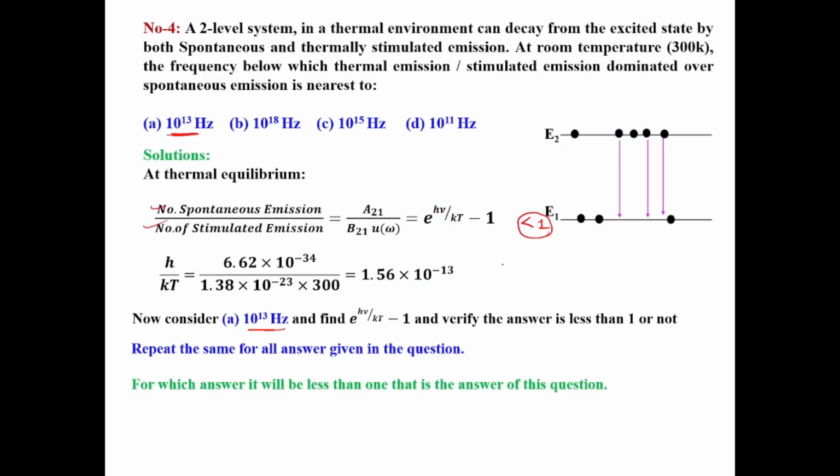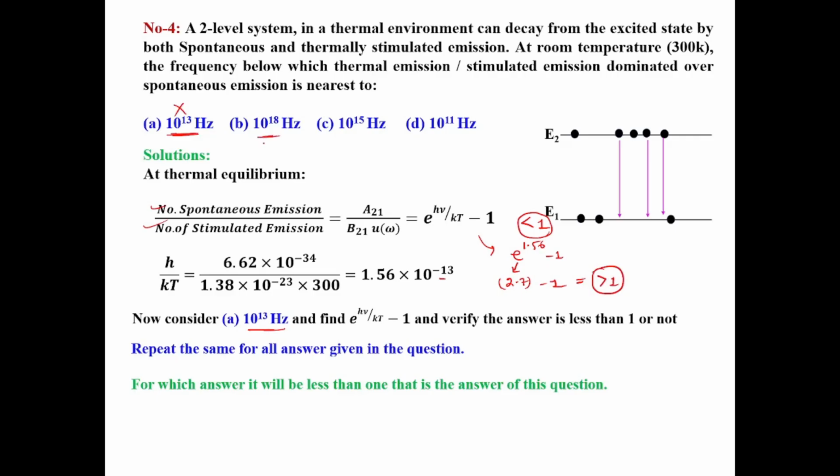So it will be e to the power 1.56 minus 1. The value of e is around 2.7, so 2.7 to the power 1.56 is certainly greater than 1, minus 1, this value we find is greater than 1. So 10 to the power 13 is not acceptable.